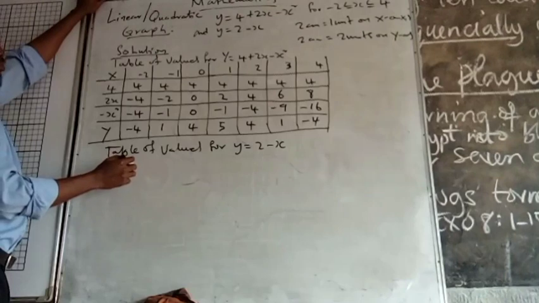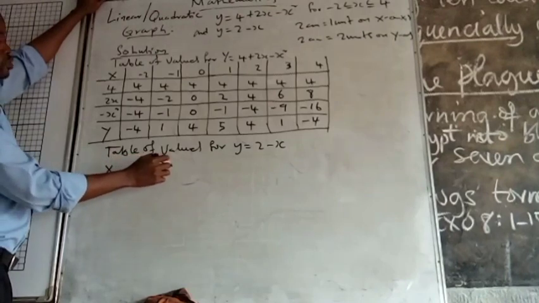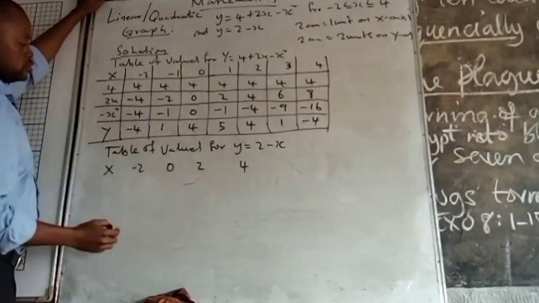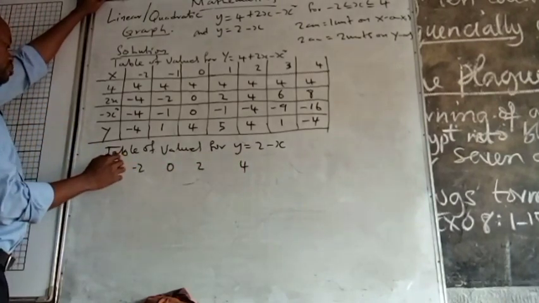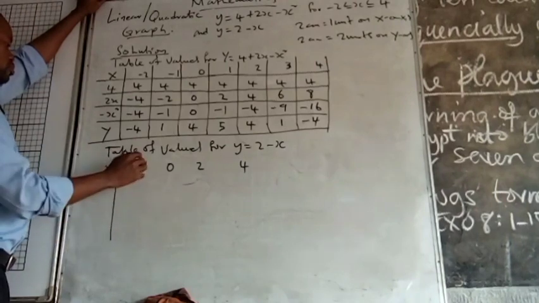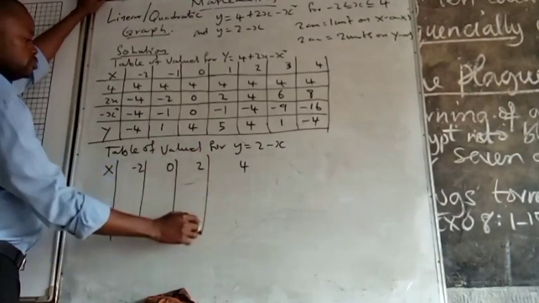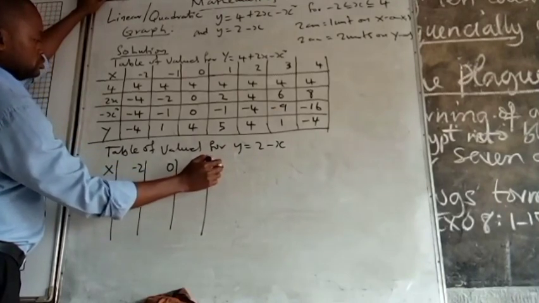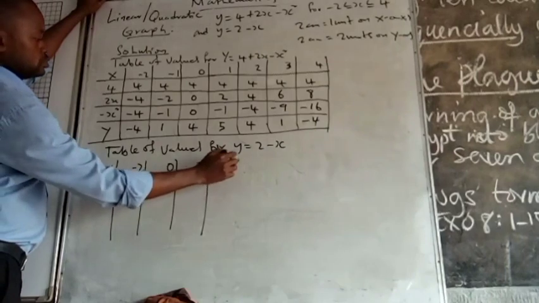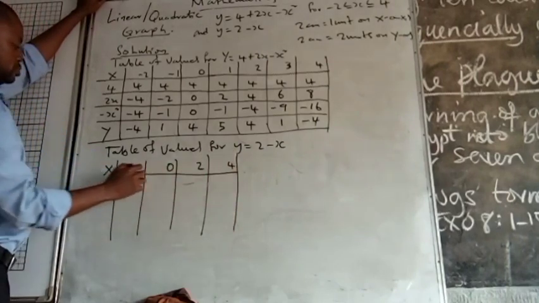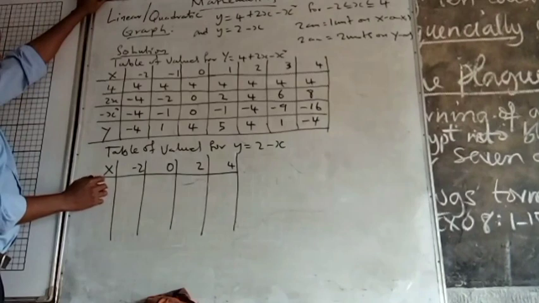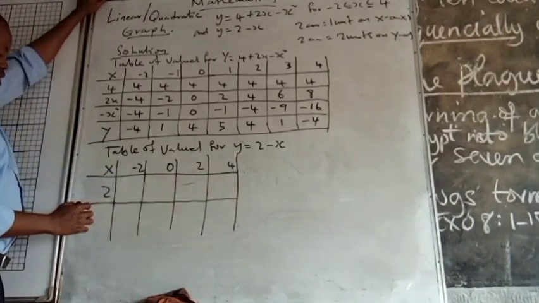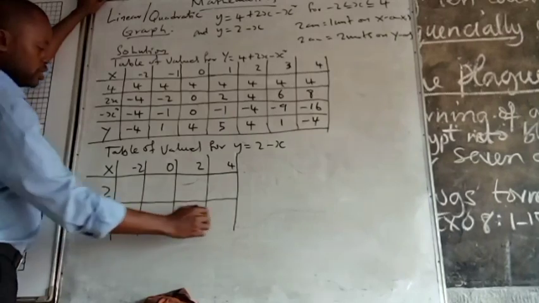If we have -2 and 0, then we can choose 2 again, and then finally 4. All of them will definitely fall in line. So the first value we have here is what? 2, which is a constant, followed by minus x, and then the y values.